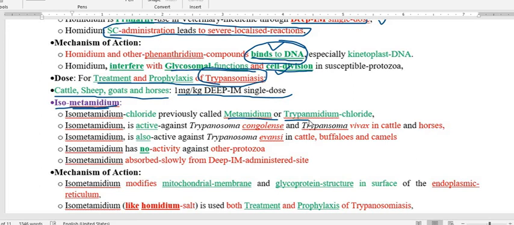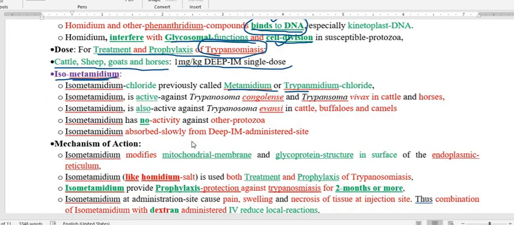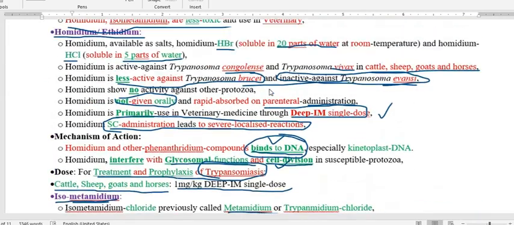Isometamidium is also called metamidium, Trypamidium, and metamidium chloride. This drug shows activity against Trypanosoma congolense and Trypanosoma vivax in species like cattle and horses.